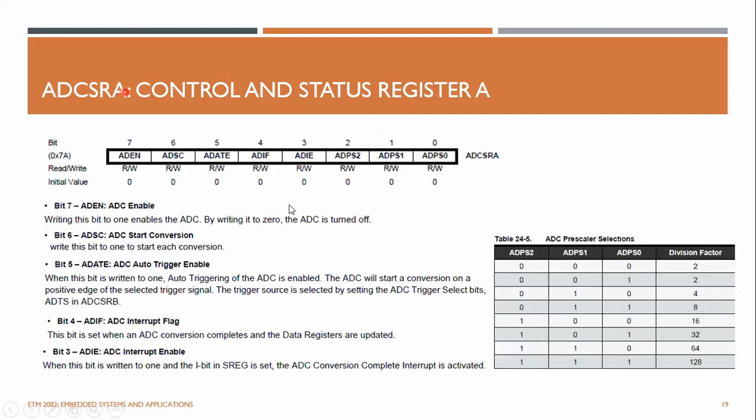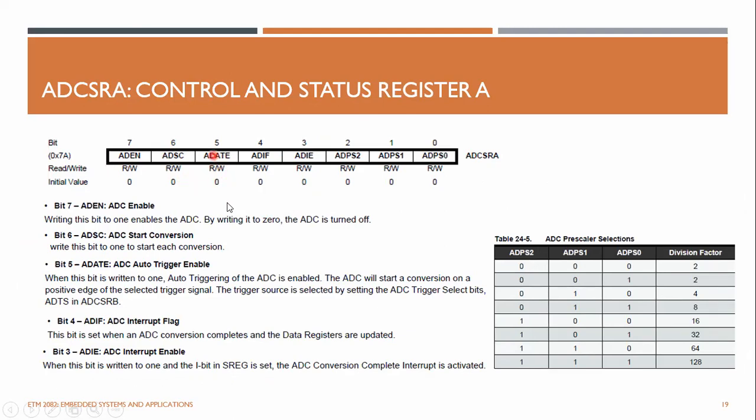This is the ADCSRA register. There are some bits. First, you have to enable the ADC by writing digital 1 here. Otherwise, you can't do any ADC conversion. And if you want to start the conversion, you have to write 1 to this bit.